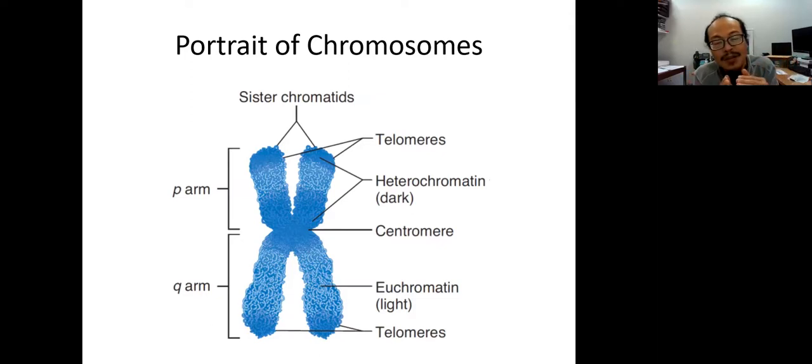So those codes are not for protein synthesis. In contrast, the euchromatin is a region that, even though it's packed, is more loosely packed. So it can be opened, and those codes are for protein synthesis.